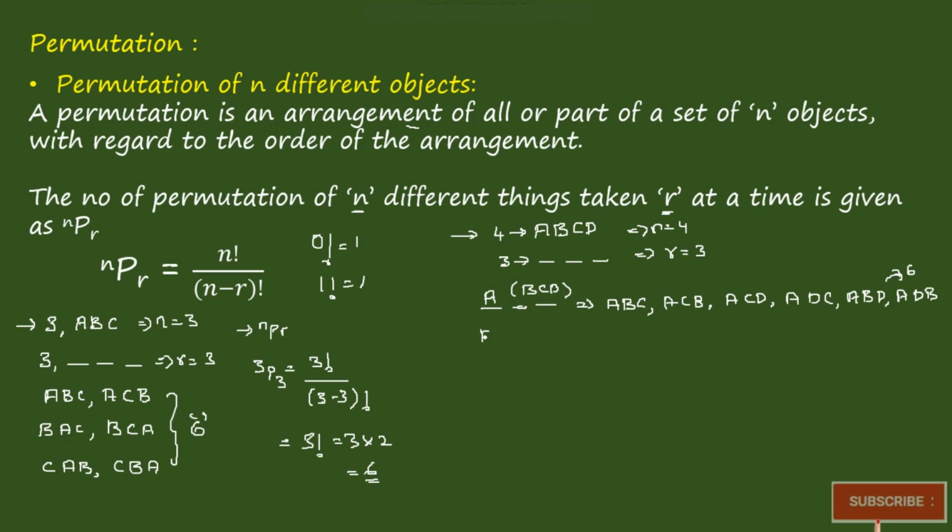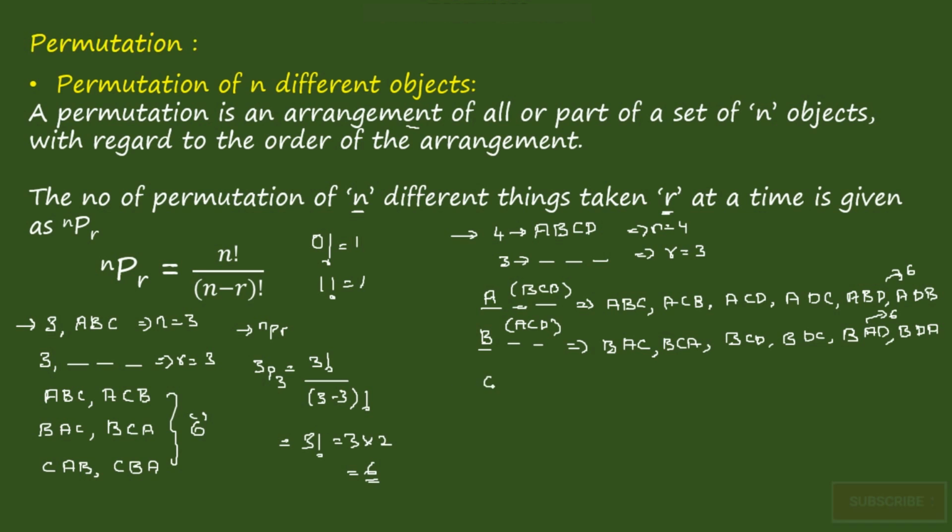Similarly, if you place B first and arrange the other two sets from A, C and D, we can arrange B, A, C, B, C, A, or B, C, D, or B, D, C, or B, A, D, or B, D, A. So it becomes 6.